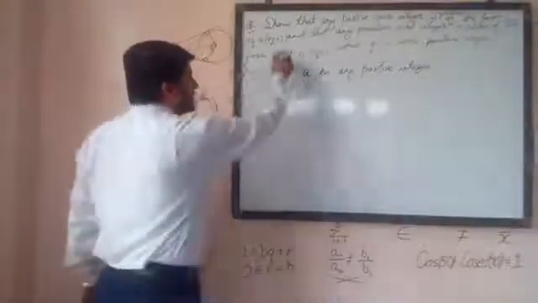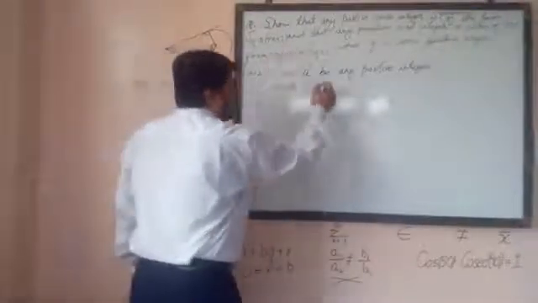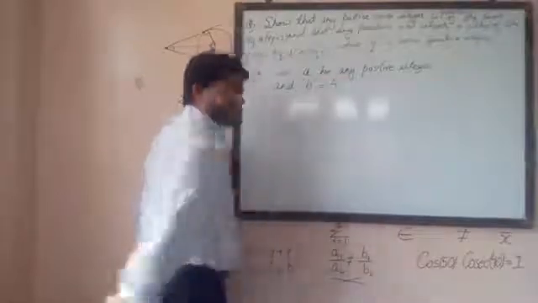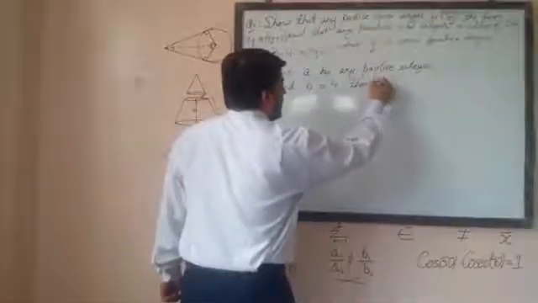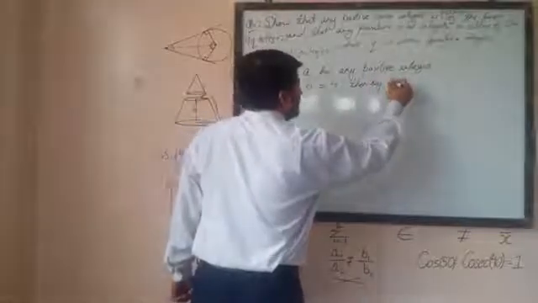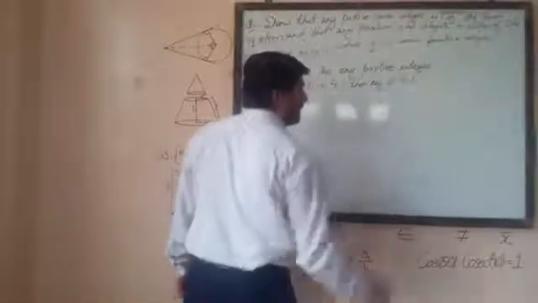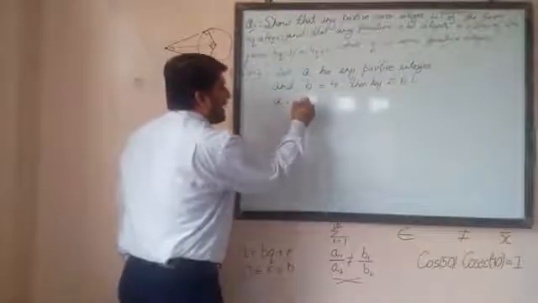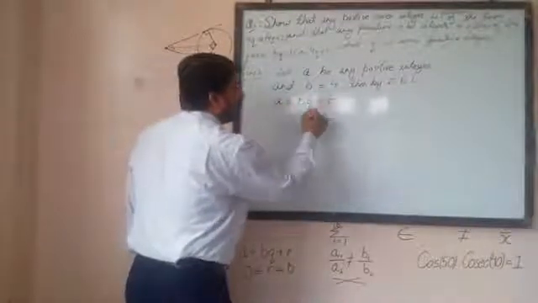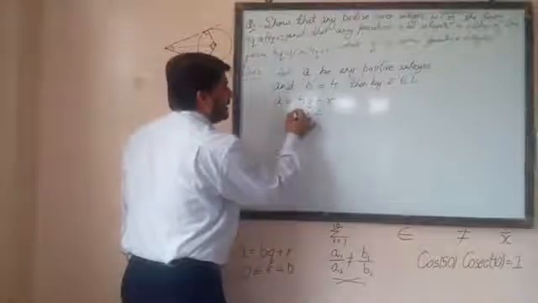We keep B as 4. Let B equal 4. Then by Euclid's division lemma, we can write A as BQ plus R, where R is greater than or equal to 0 and less than B.